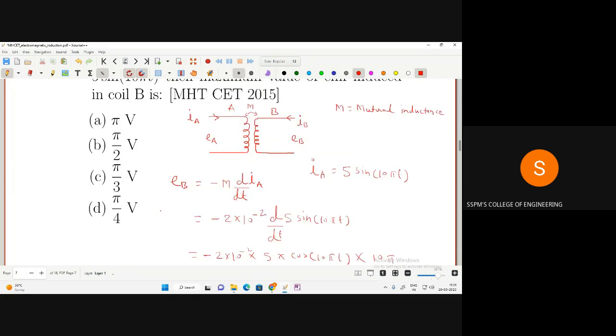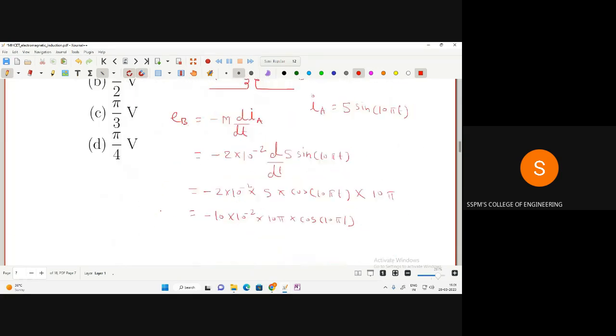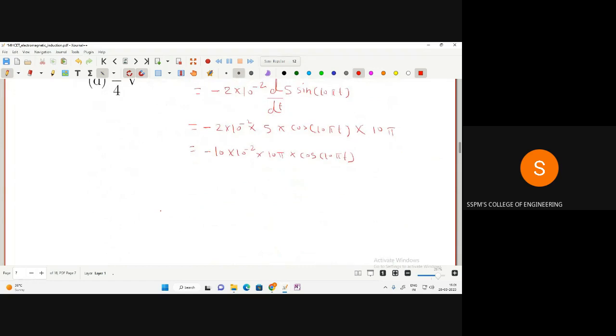Now we want maximum EMF induced. The maximum EMF induced is possible when cos 10 pi t is 1. E max is equal to minus 10 into 10 to the power minus 2 into 10 pi. But we are interested in magnitude.